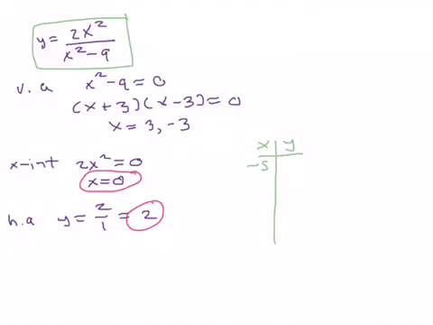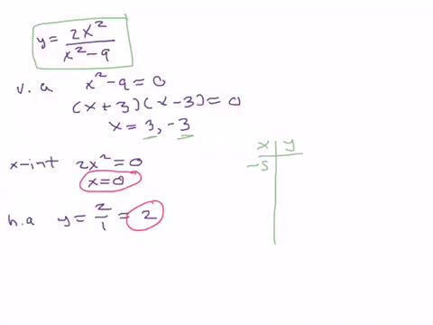I've got to choose numbers to the left and to the right of the vertical asymptote. So I've got to choose numbers to the left of -3 and to the right of -3, to the left of 3 and to the right of 3. I've got to make sure that I choose numbers in each of the 3 regions that we saw in the original graph that I had made. Left and right of each vertical asymptote.